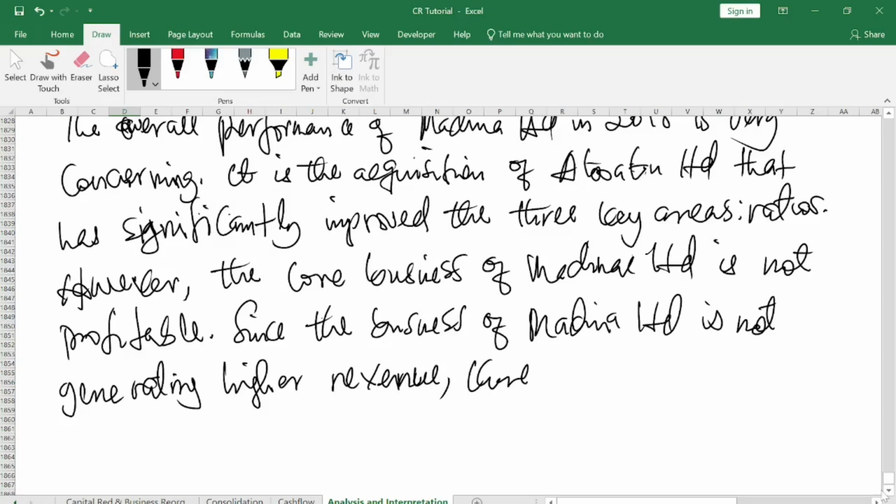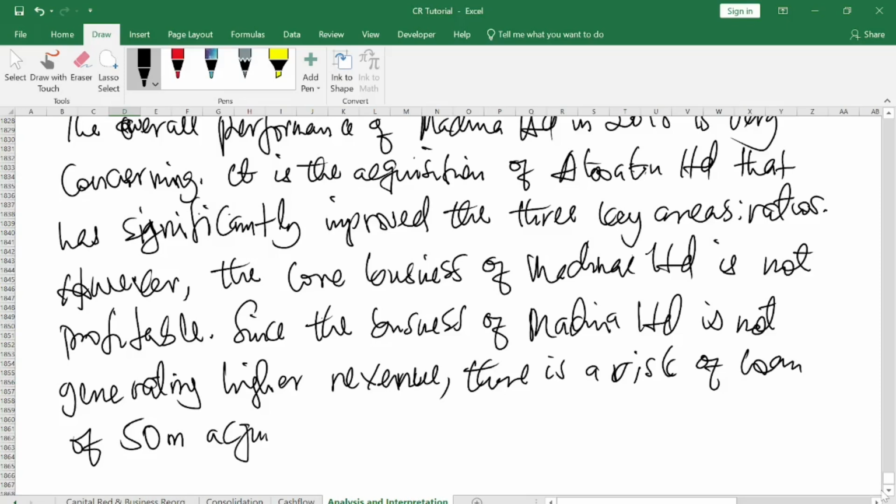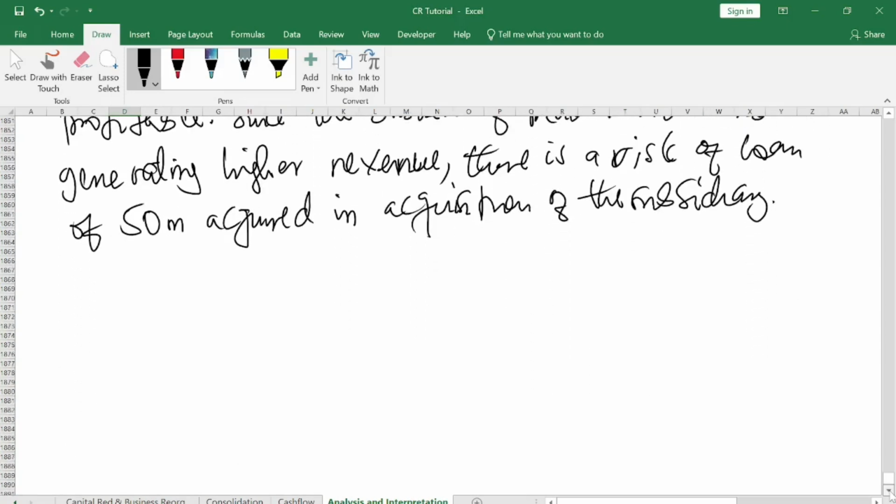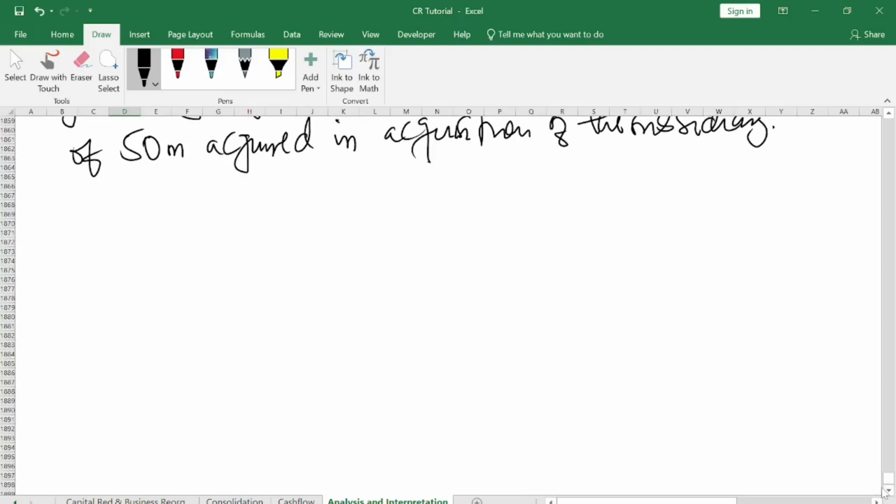There is a risk of the loan of 50 million acquired in acquisition of the subsidiary. So this is how we can conclude.